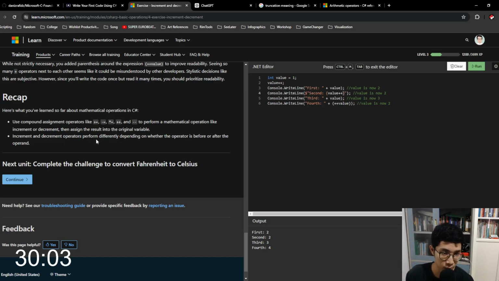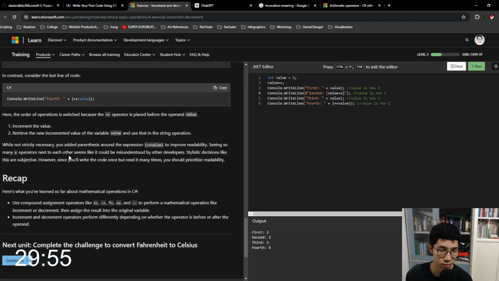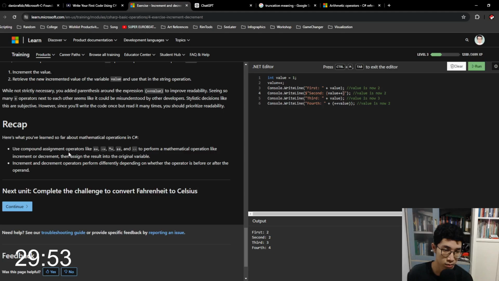Increment and decrement operators perform differently depending on whether the operator is before or after the operand. The second point is about positioning, whether the increment operator is before or after the value, the operand.